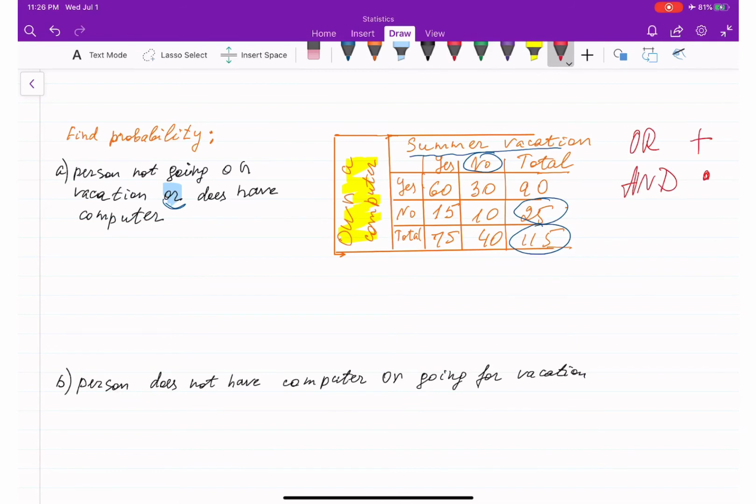So how many total people are not going on vacation? Here, not going on vacation, the total is going to be 40, right? So the probability of not going on vacation is going to equal 40 out of the grand total of 115. Okay, the probability of people who do have a computer, this is the second part.